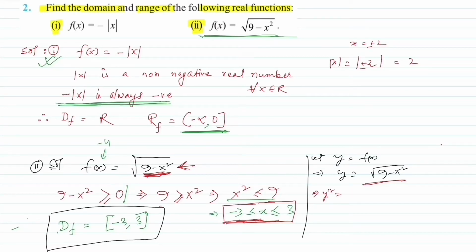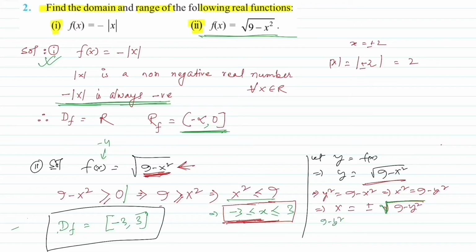Squaring both sides, we will get y square equal to 9 minus x square, which implies x square is equal to 9 minus y square, and therefore x will be plus minus root over 9 minus y square. We know that the root of a negative number doesn't belong to real numbers.